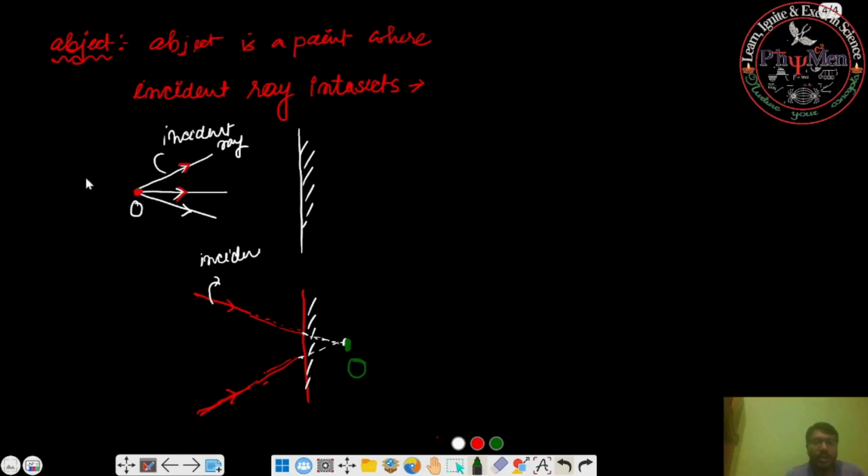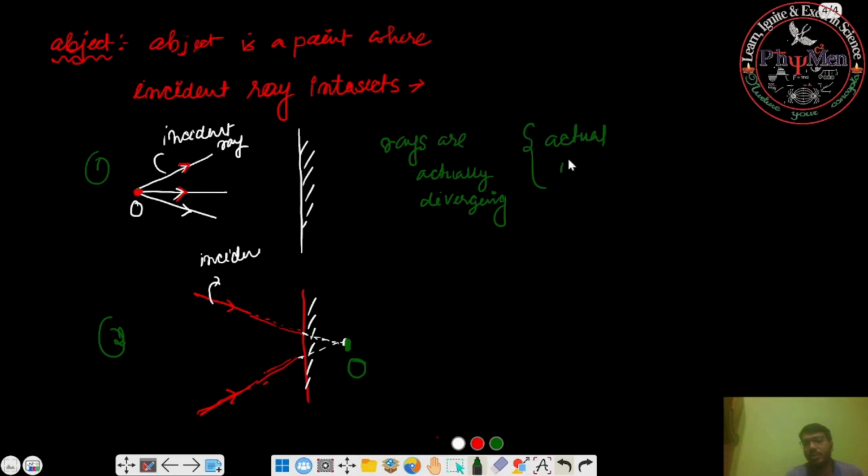From this, rays are actually diverging. In this case, this case number 1, this case number 2, rays are actually diverging. This is the actual intersection of the incident ray.